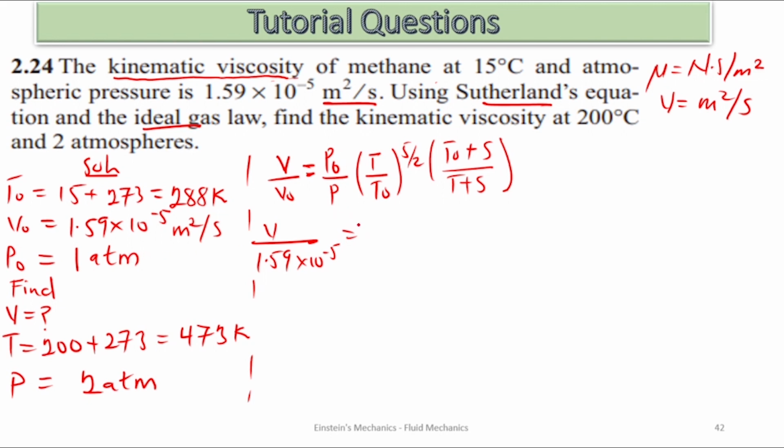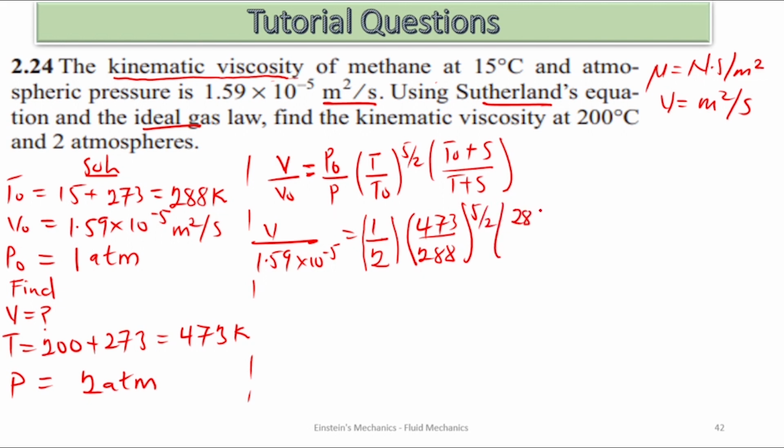P naught was 1 and P is 2. Our T is 473, our T naught is 288, and remember it is raised to the power 5 on 2.